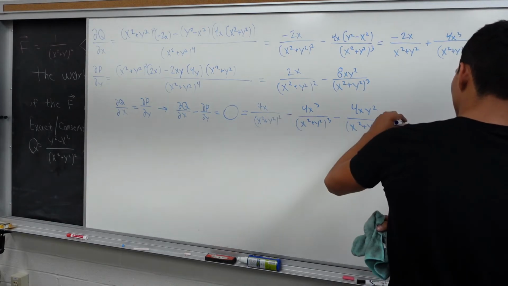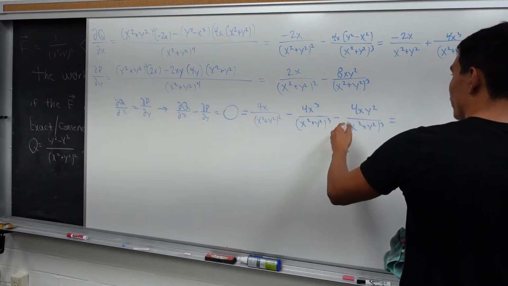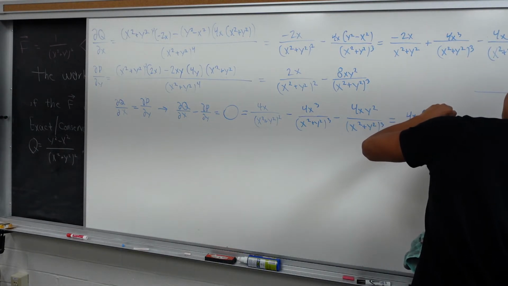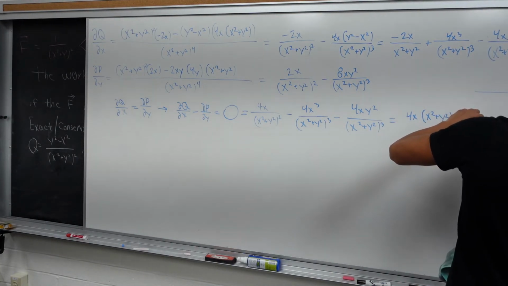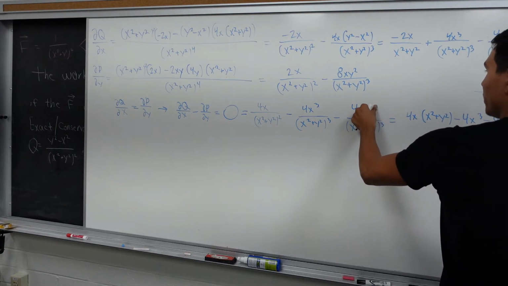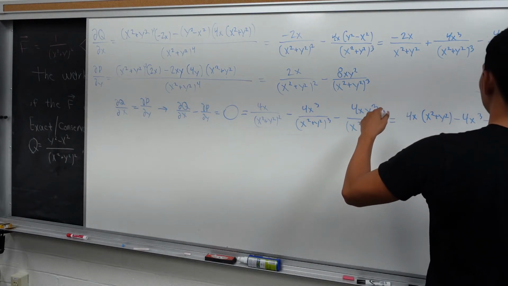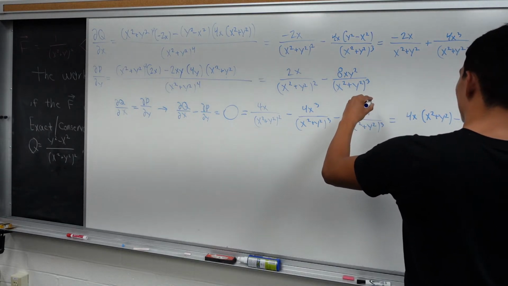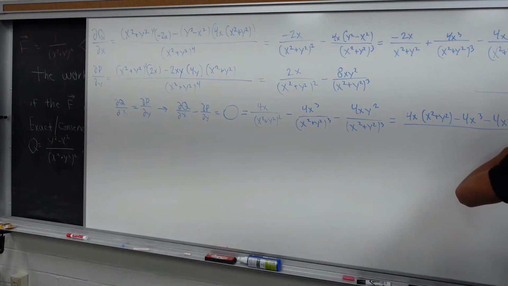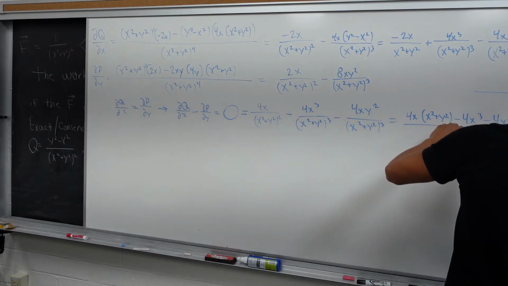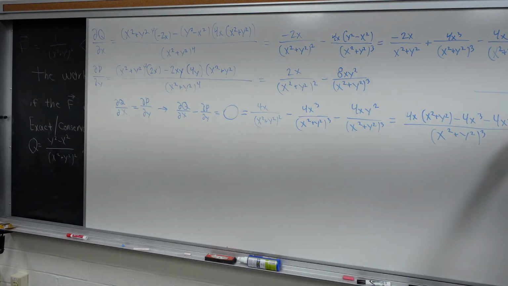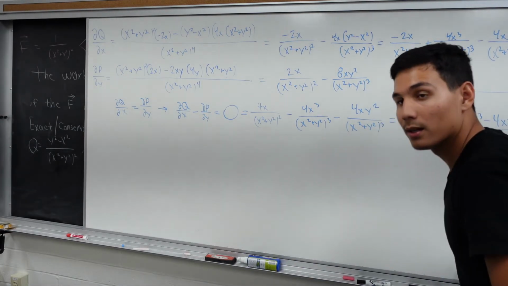What if I times this out? If I want everything to the power of 3. So I go 4x, x squared plus y squared, minus 4x cubed, minus 4x. This is a cubed. No, it's a squared. My bad. It's a squared. All over x squared plus y squared cubed. I'm arguing that this is equal to 0, right?